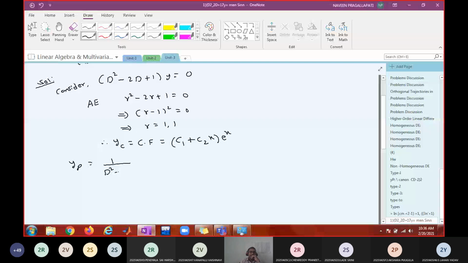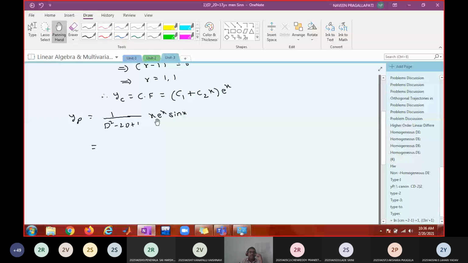You can see it as x into v of x, or you can see it as e power ax into v of x. Do you want me to apply the type 5 formula or the type 4 formula first?